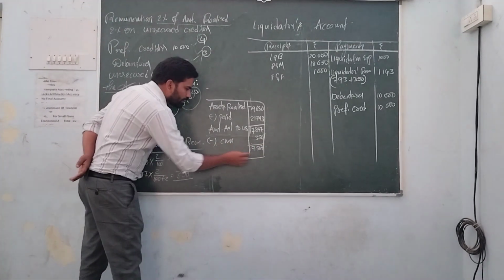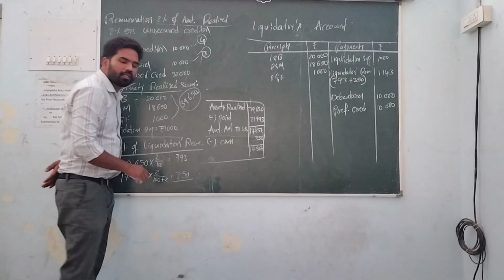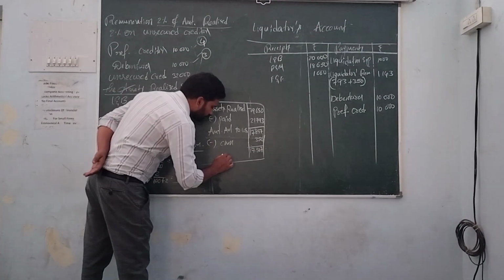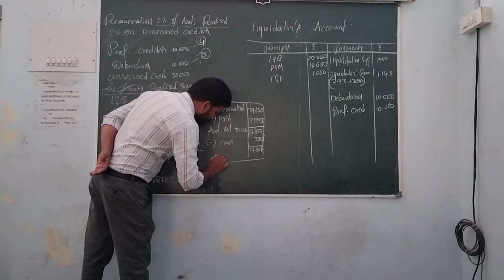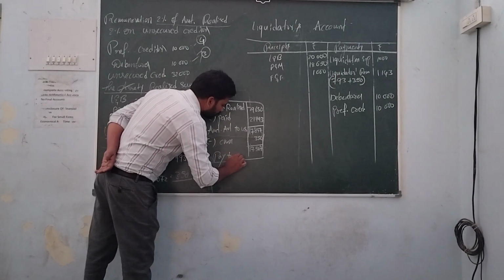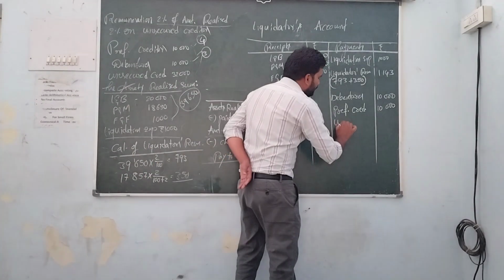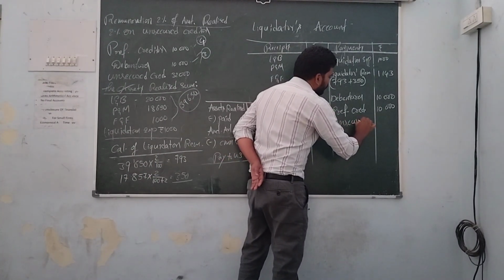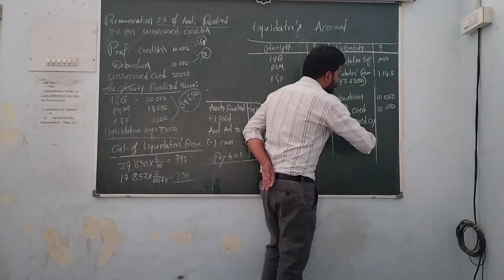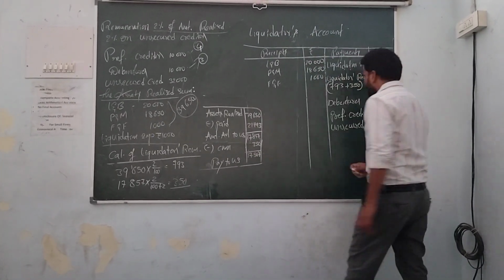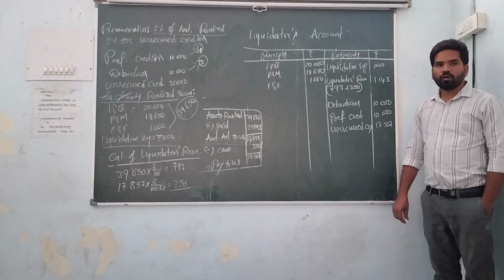This amount, 17,507 rupees, should be paid to the unsecured creditors. Payment to unsecured creditors: 17,507.